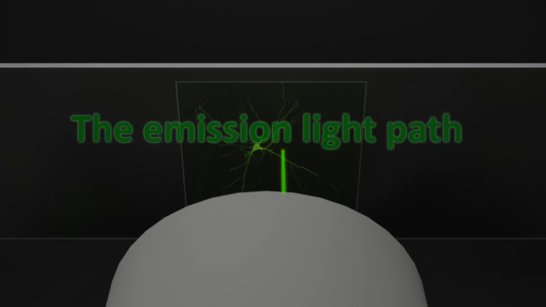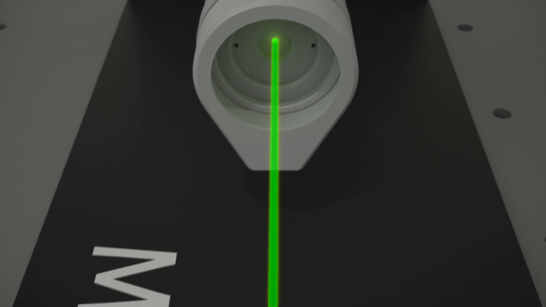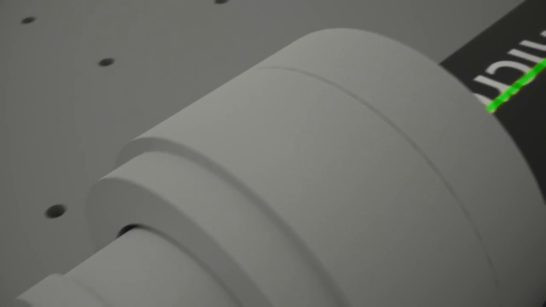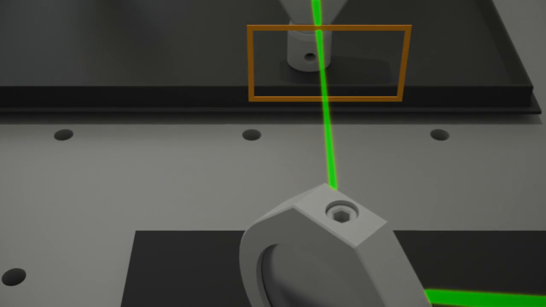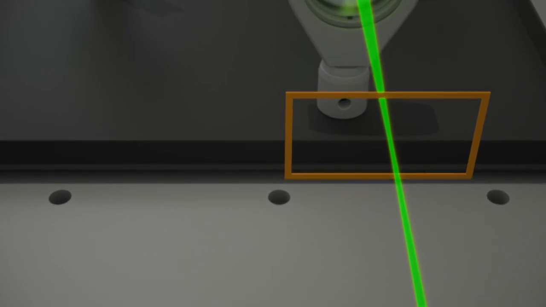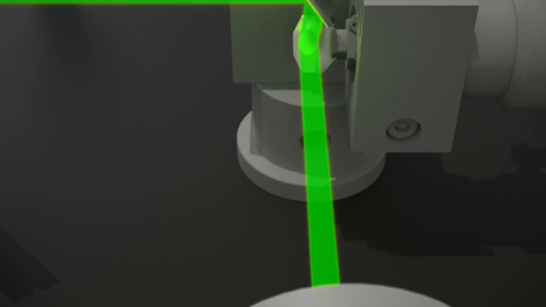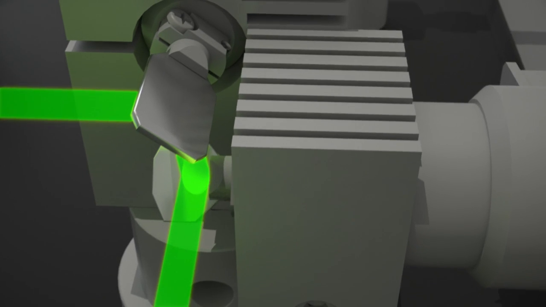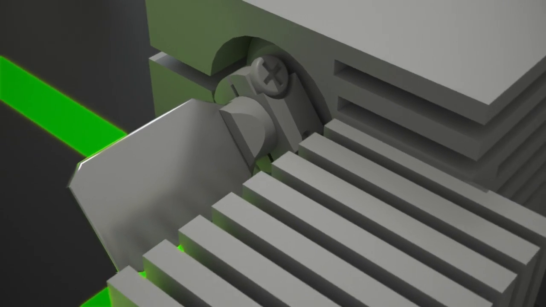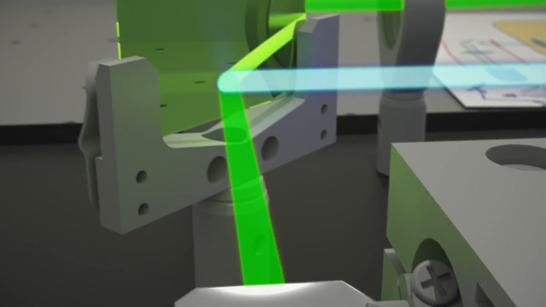The emission light path. The emission light propagates through the microscope towards the output port. It passes the scan lens and hits the X and Y scanning mirrors and travels in the opposite direction of the excitation light towards the dichroic mirror.